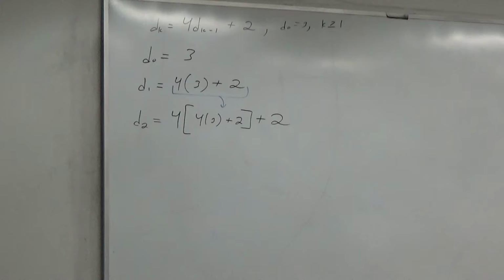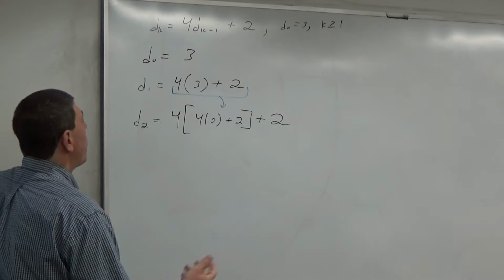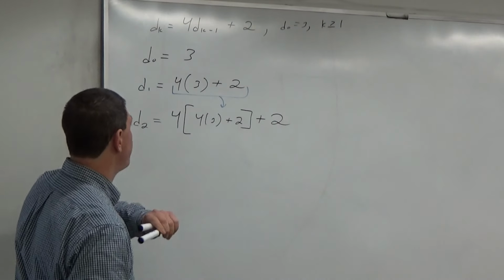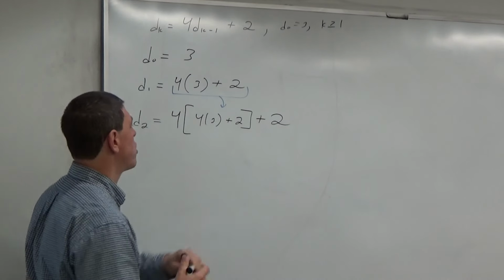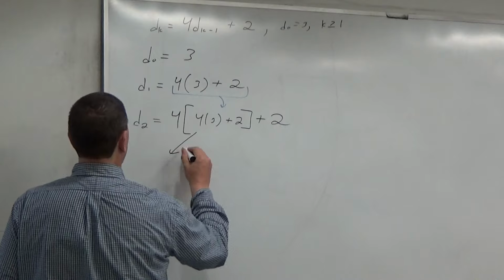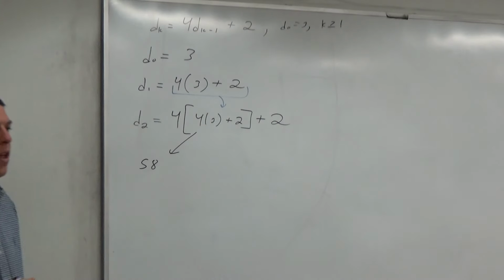Now, a lot of us would look at that and try to simplify it, and that's exactly what we're going to do, but the question is, how far do we simplify it? So let me show you maybe 3 or 4 or 5 different ways that we can simplify this. One way is just to do 4 times 14 to get 56. 56 plus 2 is 58, so one way we could write that is 58.